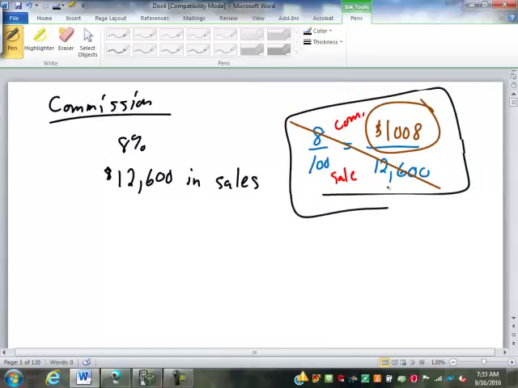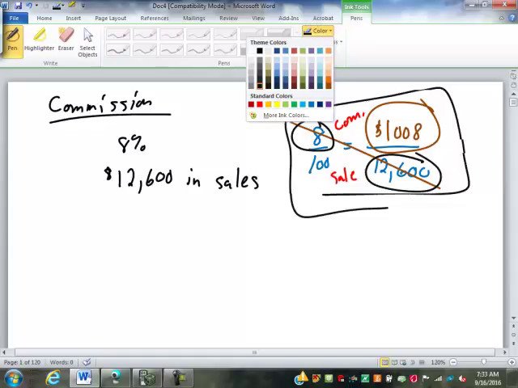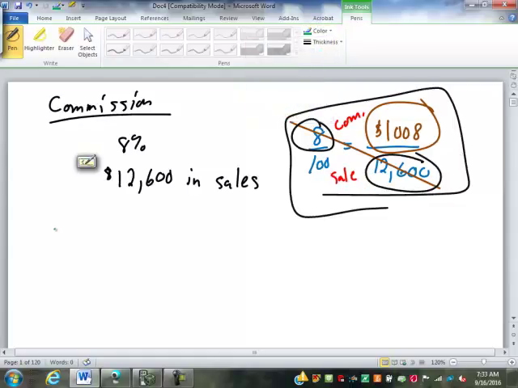Most of our word problems, it helps us to make sure we don't make any mistakes, to make sure we get things matched up correctly. But here, since it's a commission, we know that every week or every period, we're going to be taking your sales times that commission rate divided by 100. So here's one of those cases, as we mentioned yesterday, where using the rate method makes sense, because you're never going to have to go backwards.